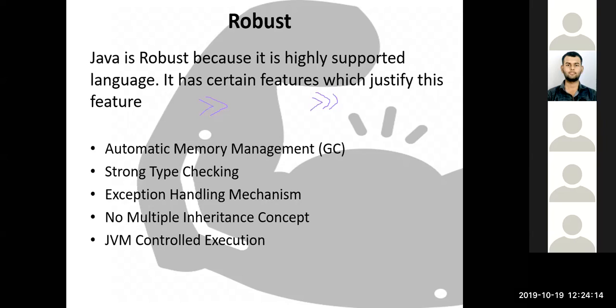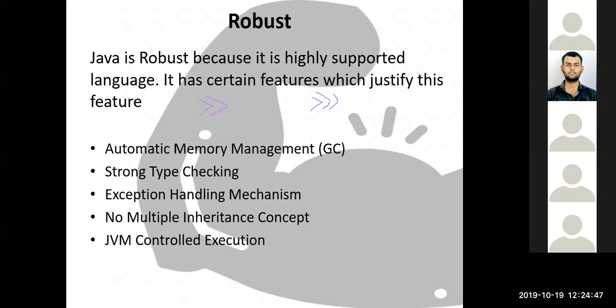then the next feature, it has an exception handling mechanism. That is again a very important feature of Java. What is exception handling? Whenever you write a particular code, you might know that at some point, or at some particular value, it might fail.